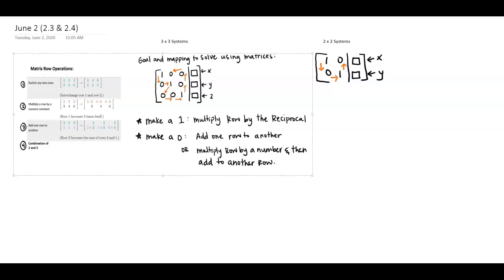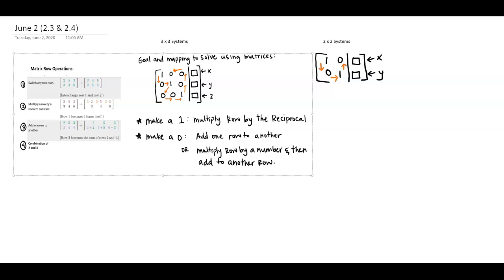And the other thing that I want to make sure that you write down, because remember, we're just trying to make zeros and ones. A way to make ones, you can always multiply the row by its reciprocal. All right, so if you have a 3 in a place that you want to make a 1, multiply that row by 1/3 and you'll get the 1 there.